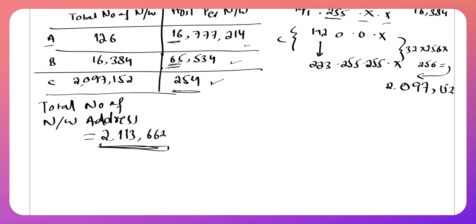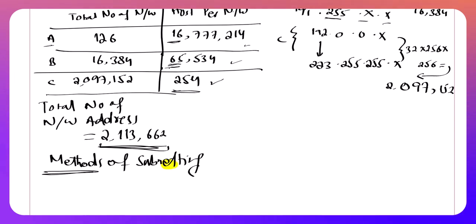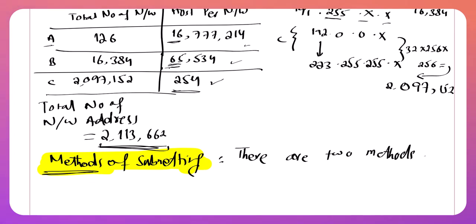Now how can we do this subnetting? Methods of subnetting. There are two methods. The first method is CIDR.